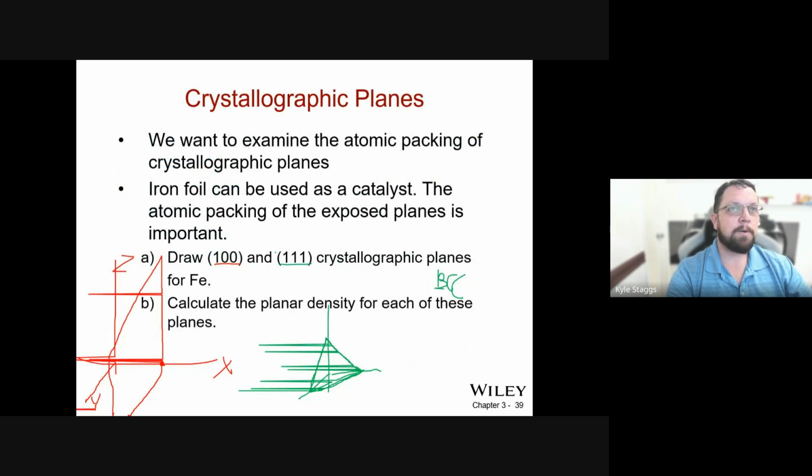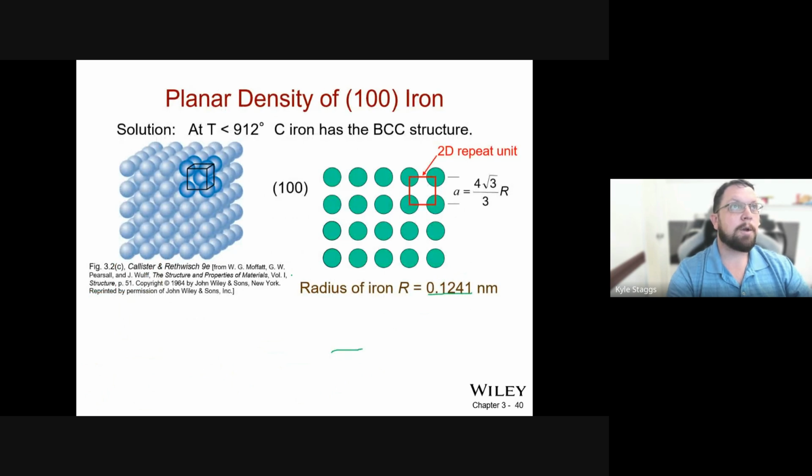But we also want to know for the 111 crystallographic plane. So when we have this BCC structure, let's go back to, let's see if we can mark it up here.